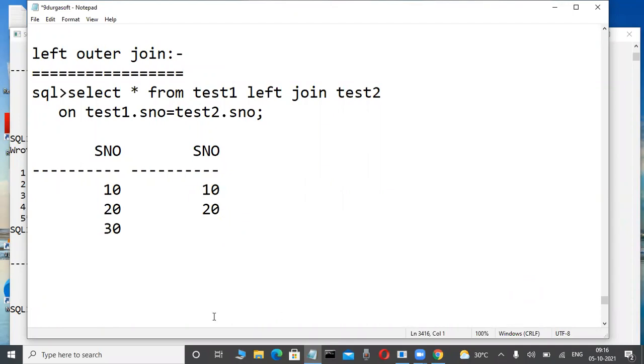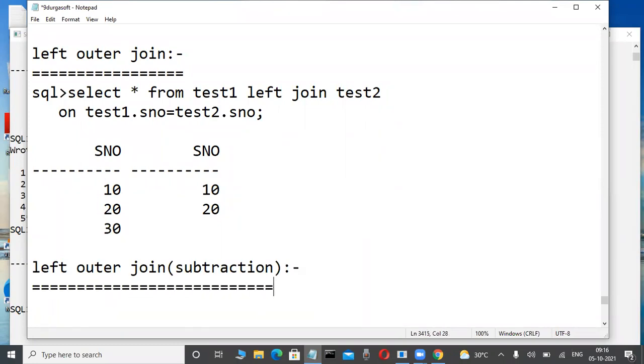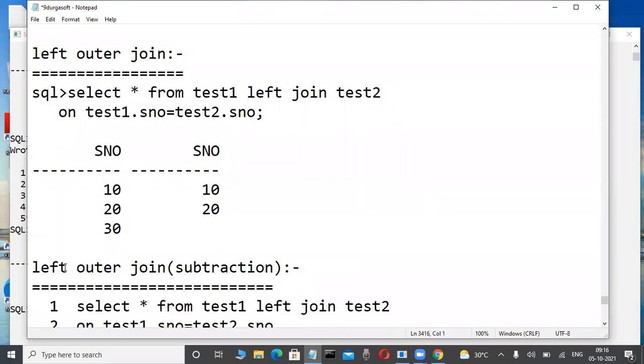Next, left outer join subtraction. Subtraction means eliminating matching data. The opposite is IS NULL, very easy. Not only Oracle, SQL Server, MySQL, any books we refer to also have the same thing.